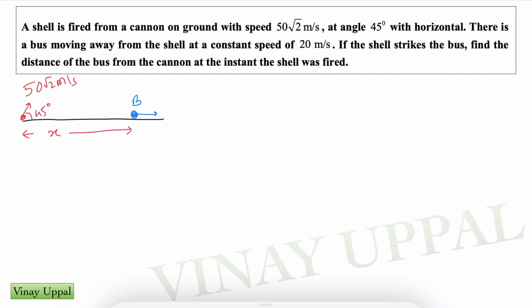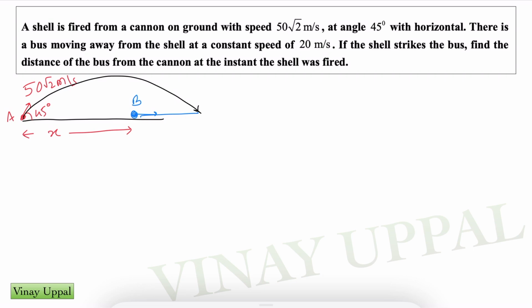So x is the initial distance between the shell, let me call that A, the shell A, and the bus B at the instant the shell is fired. So what's going to happen in the ground frame is that the bus will travel a further distance and the shell is going to strike the bus. Alright, so you can definitely do this in the ground frame, but let me just show you how to do it using the concept of relative motion.